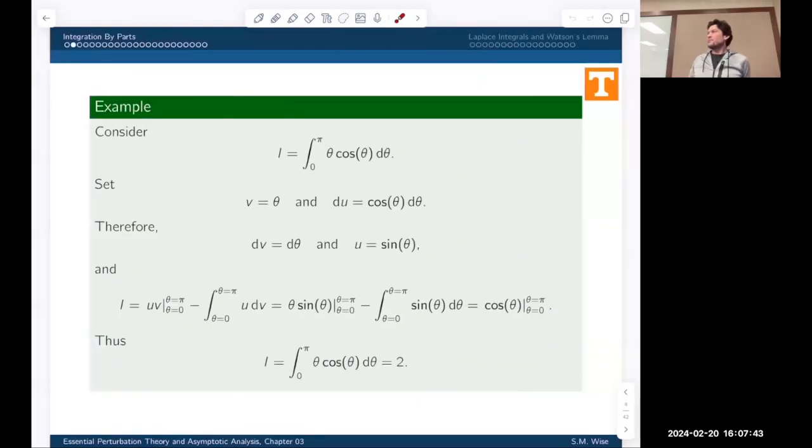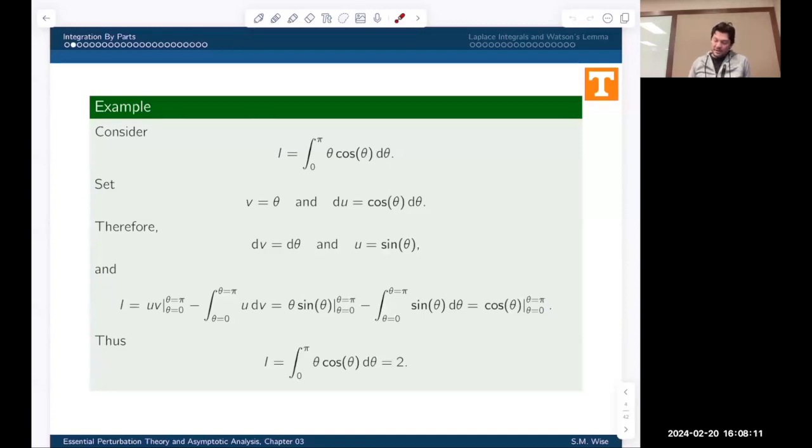So let's recall what integration by parts is, just in case you're really rusty. Integration by parts means that we've got some integral with a complicated integrand, such that if we split this integrand into 2 separate pieces, we might be able to deal with these pieces on their own, but maybe not together, not their product.